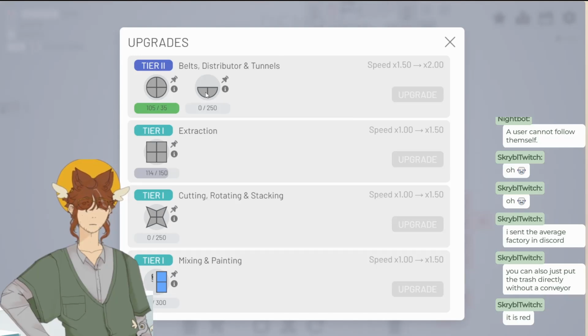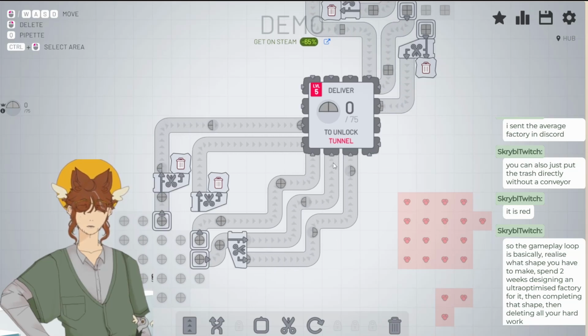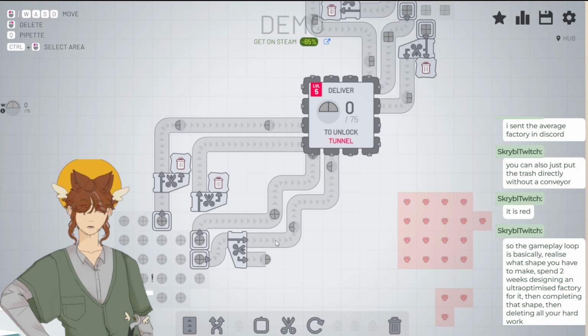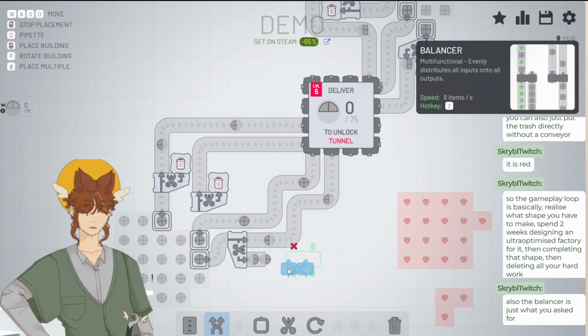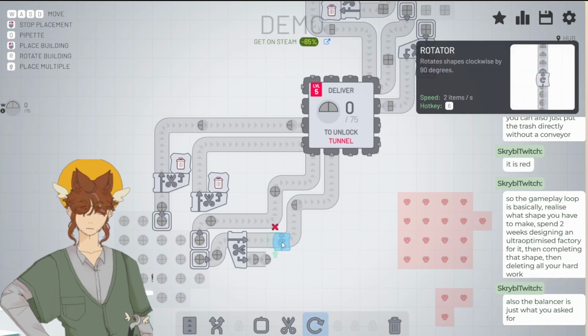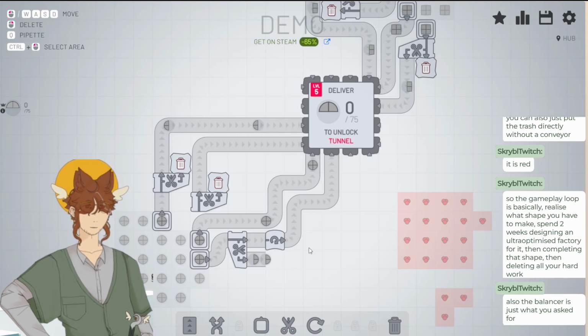Oh, I need the bottoms. Oh, it doesn't like me giving them the sides. Okay, wait, I have to rotate them. Can I just put a rotator? Is this the rotator? No, balancer. What? That's a rotator. Oh, I see, it just literally rotates them like that.